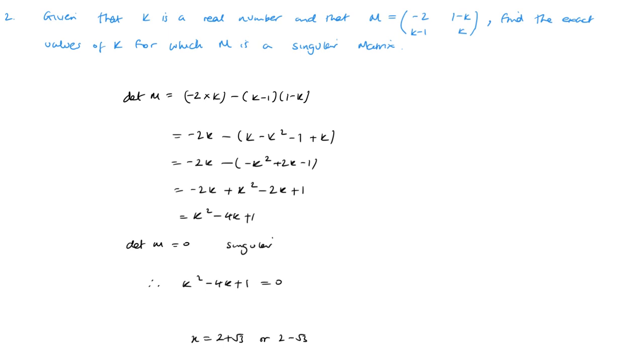So if you cannot factorize it, you need to make sure you can use your calculator just to check your answer, but you need to use the formula in this case. So minus b plus or minus the square root of b squared minus 4 times a times c, all over 2a.